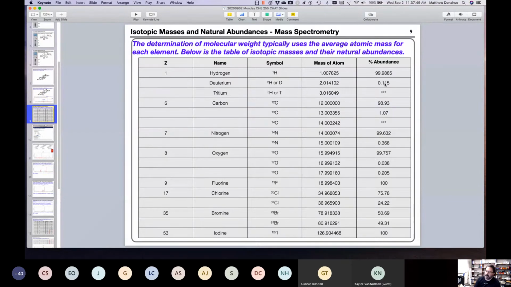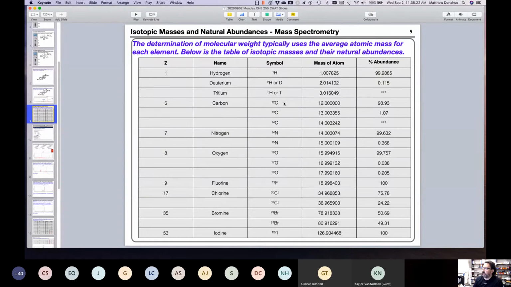When you're calculating this abundance, it basically has to equal 100, right? So this is lower abundance. It's 0.115%. Tritium is the radioactive isotope. Its mass is now 3.016049. And its abundance is a trace abundance. Basically, we humans produce it. It's not really something you can isolate by extracting it from a rock or something.